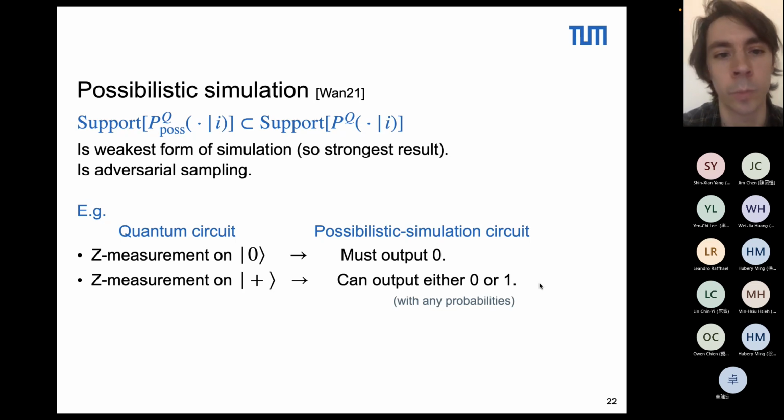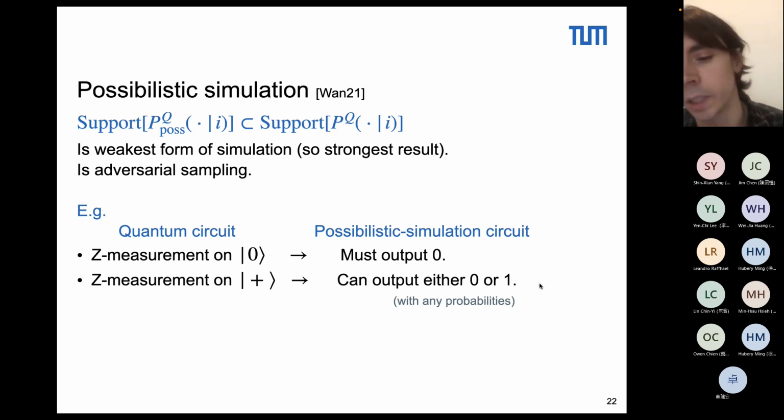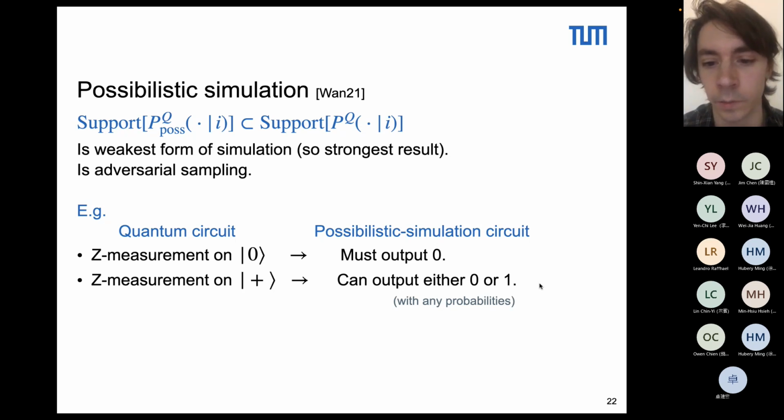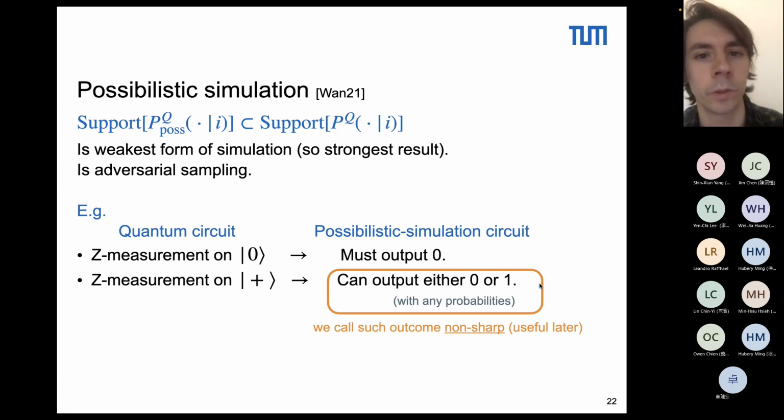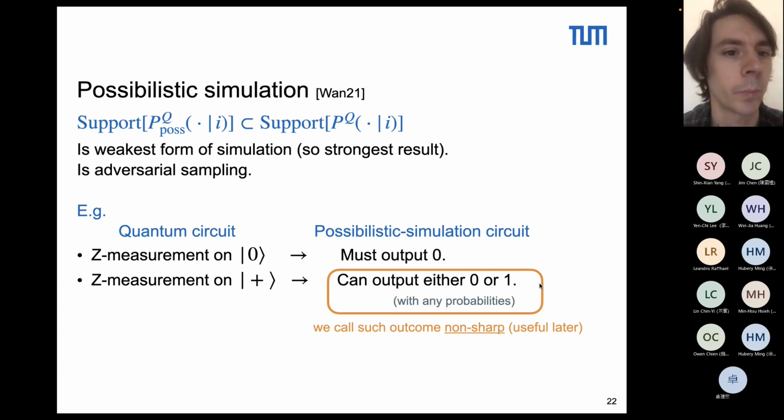We just see that they are both non-zero, so both outcomes are possible. So we will accept the simulation if either of these outputs is obtained. And we will call such an outcome non-sharp because it can take two values, while the other one is sharp because there's only one value that is possible. And this will be useful for the tomography step at the end of this presentation.